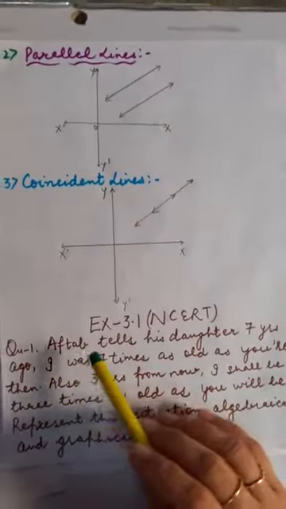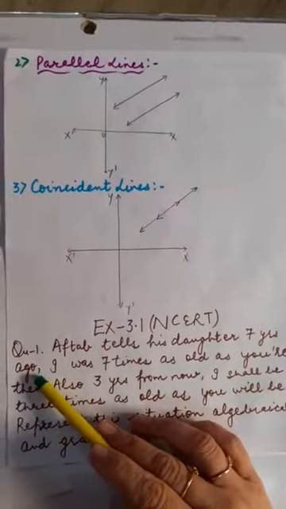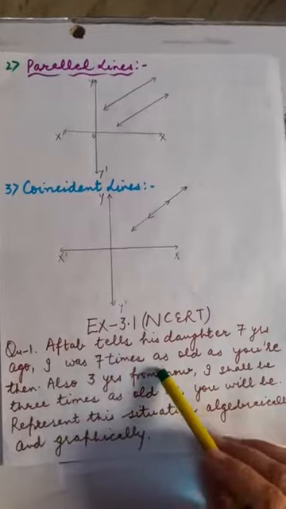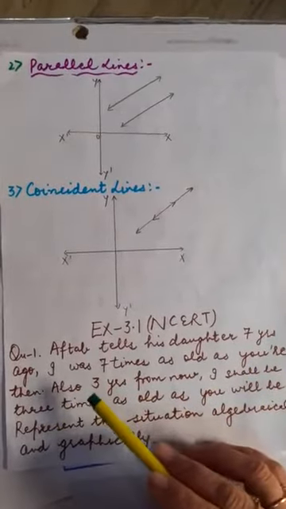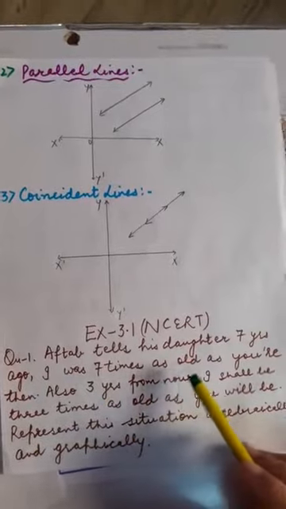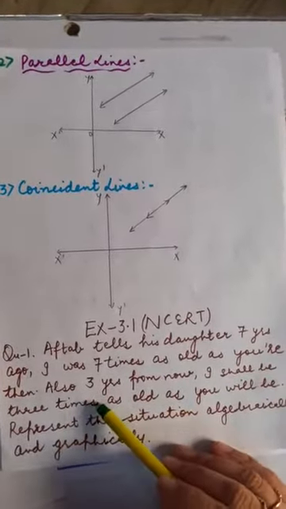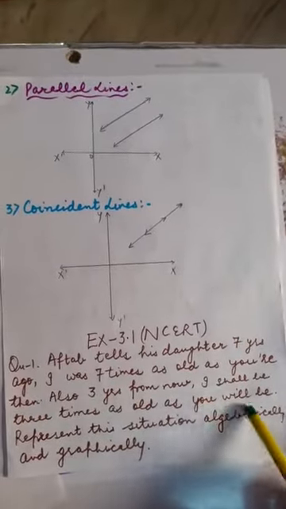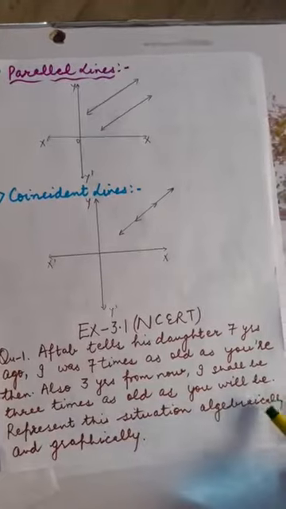Question number 1. Aftab tells his daughter, 7 years ago, I was 7 times as old as you were then. Also, 3 years from now, I shall be 3 times, or I can call it thrice, as old as you will be. Now you have to represent this situation algebraically.